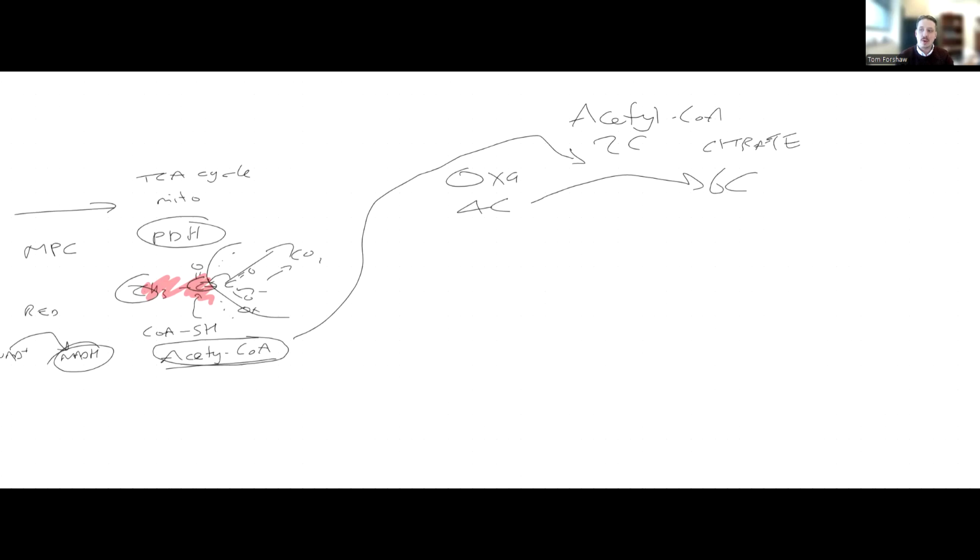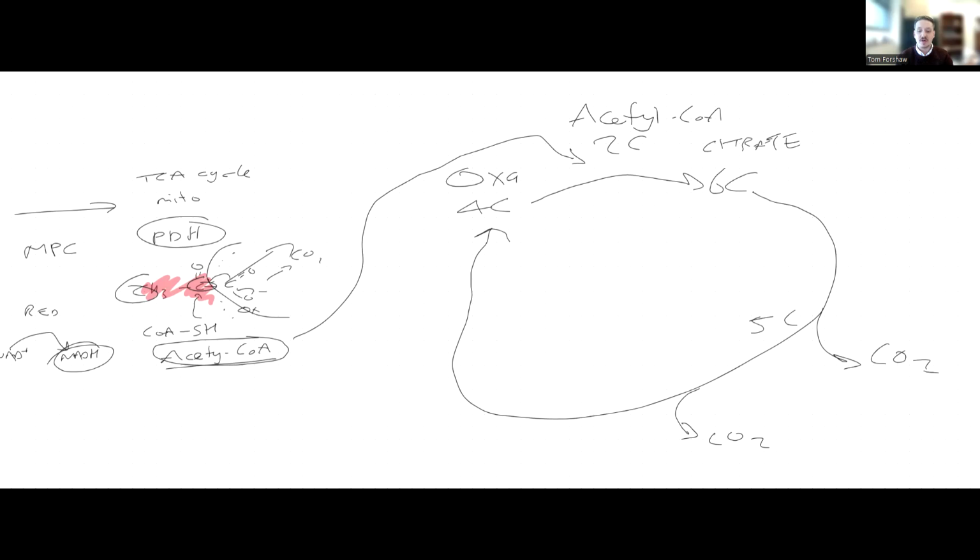That's going to continue to go around. You're going to get one CO2 come off, where this citrate oxidizes and gets a loss of CO2. You get a second CO2 coming off, where the molecule gets oxidized. The first time it gets oxidized, the CO2 comes off and it now becomes a 5-carbon chain.